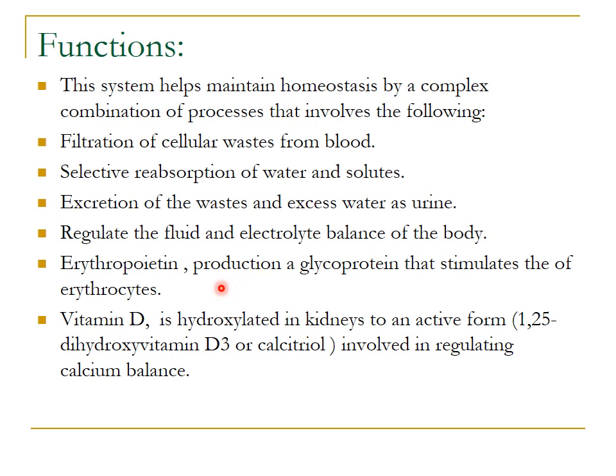It also produces a glycoprotein hormone, erythropoietin, which stimulates erythrocytes. Then there is the hydroxylation of vitamin D to its active form, 1,25-dihydroxyvitamin D3 or calcitriol, which is involved in regulating the calcium balance.